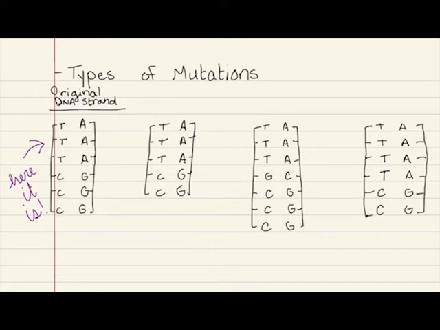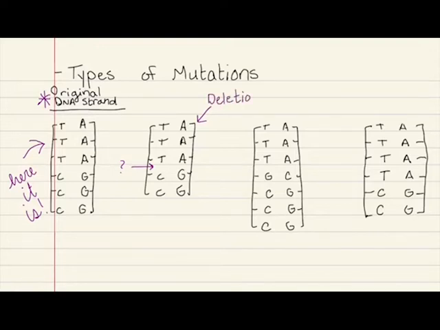Now, if that's our original strand, then the mutation that has to happen to get to the strand exactly to its right, TTTCC, all right, we're missing a 3rd C. One nitrogen base, or a pair of nitrogen bases, has been completely deleted from the strand. That's why this type of mutation is called a deletion.